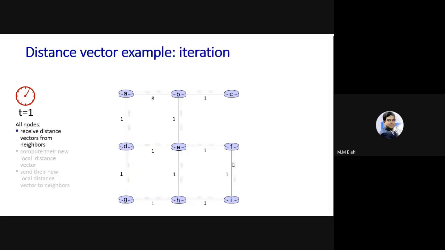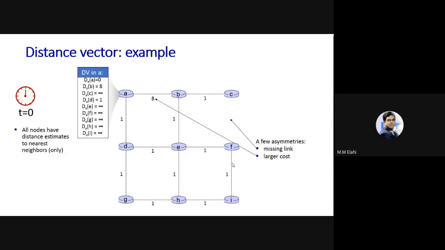Okay. Now, after sending the updates at time t equals 1, t equals 1 means the next step. For every node, when it gets an update, that is the next step. What will it do? It will recompute its distance vector. That means, for example, A says, I have link cost to B is 8.